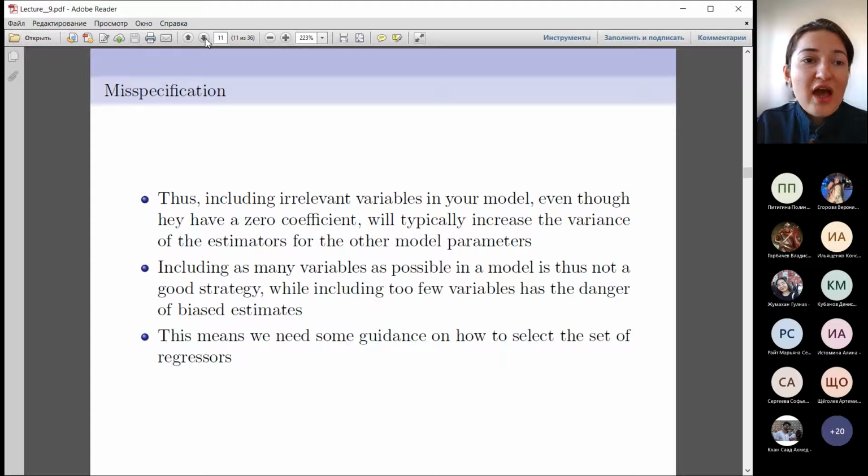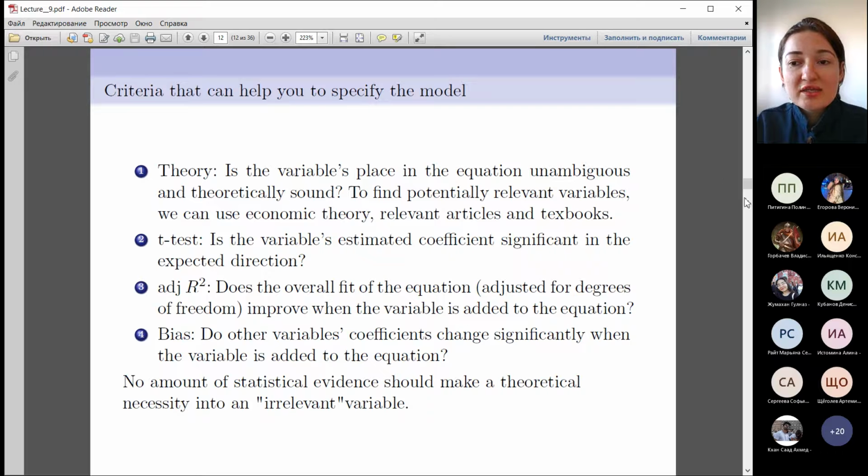Of course, we don't have unique rules for how to do this, and there is no unique guide where I can say, if you follow these 10 or 15 steps, you will always get excellent results and always find the best linear unbiased estimates. Unfortunately, no. But of course, you can use some criteria that can help you to specify your model.